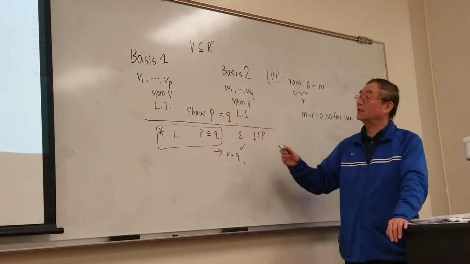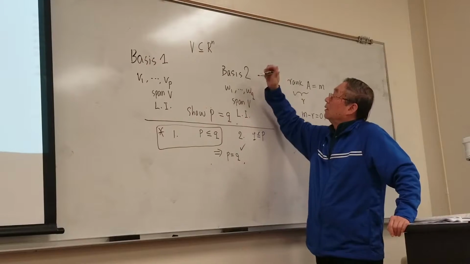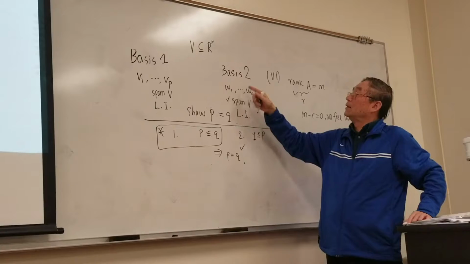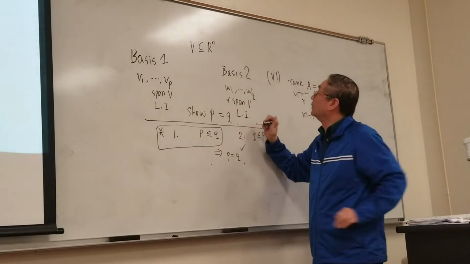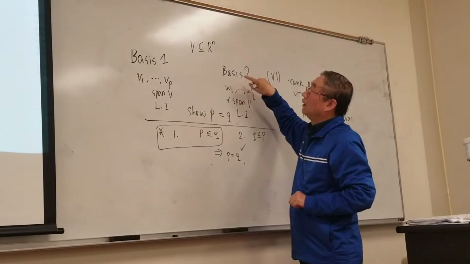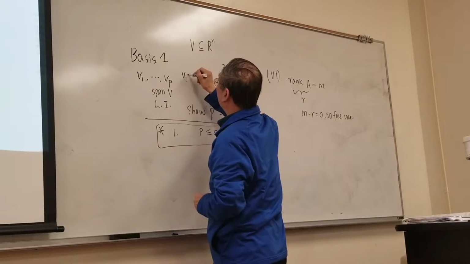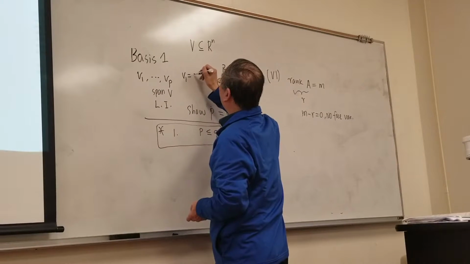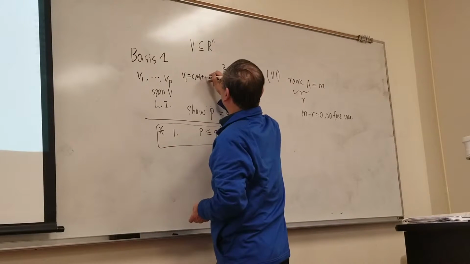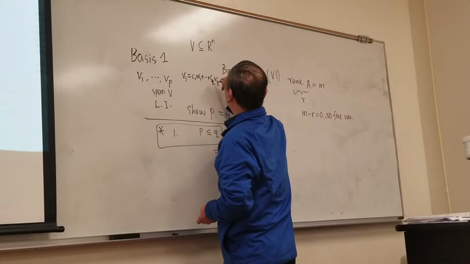That's why we need to focus on this inequality. The way to get it is to observe that the vectors in the second basis span V. Since they span V, every vector, say V1, is going to be c1 W1 plus up to cq Wq.